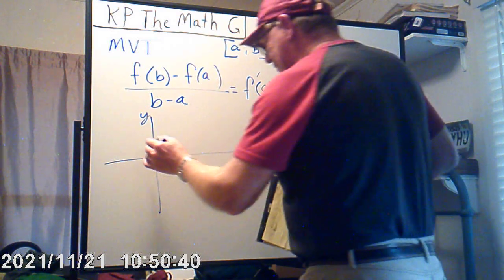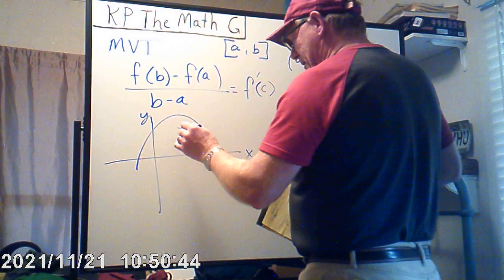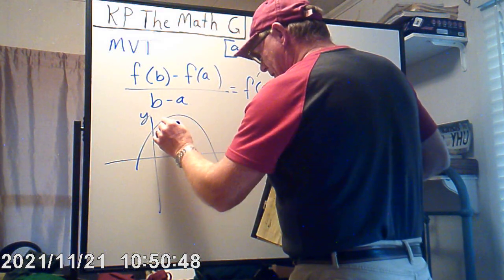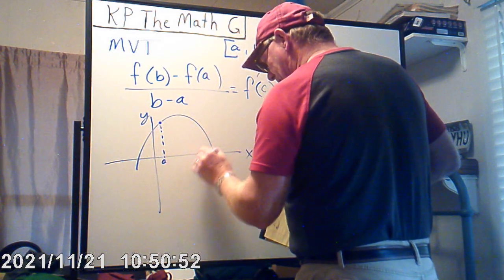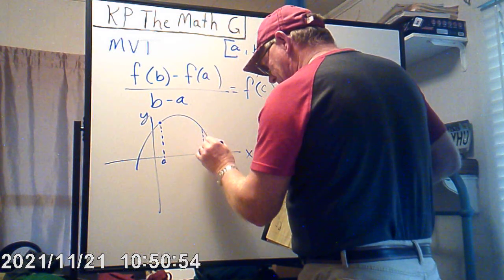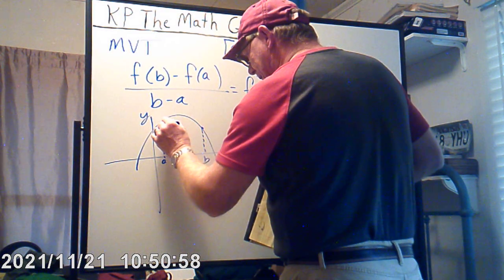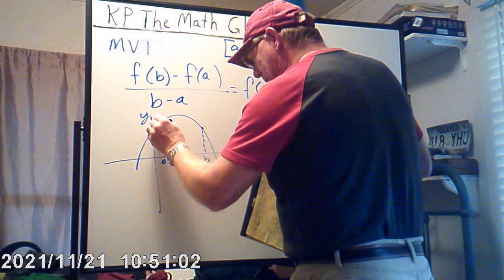You have a curve like this, and here is a, and then right here is b, and you have a secant line right here between a and b, and not like this.